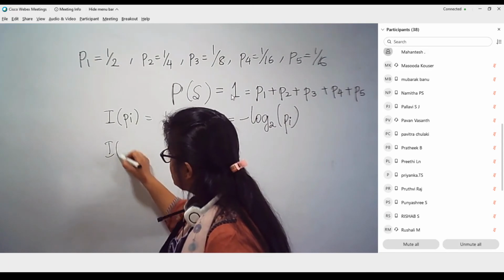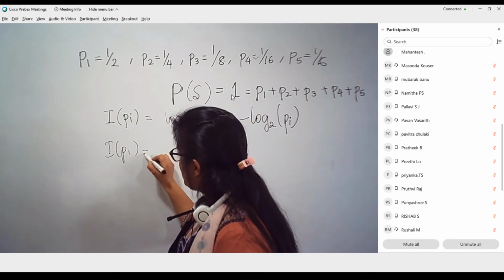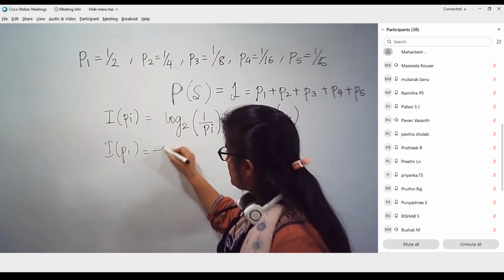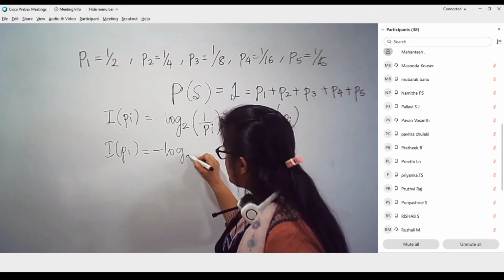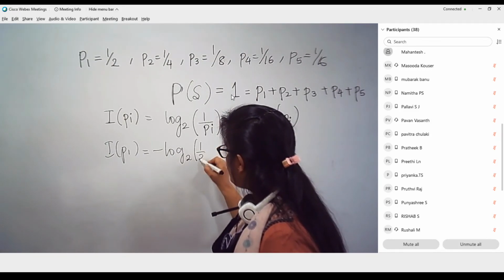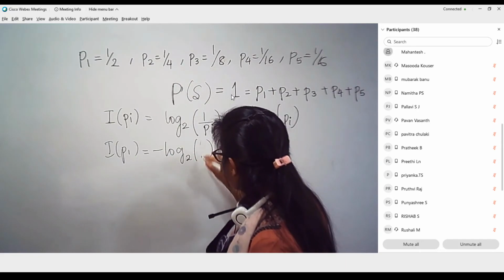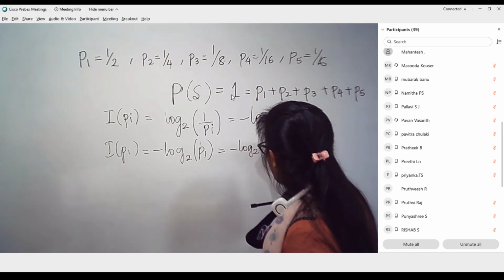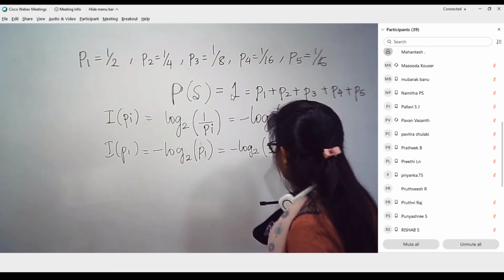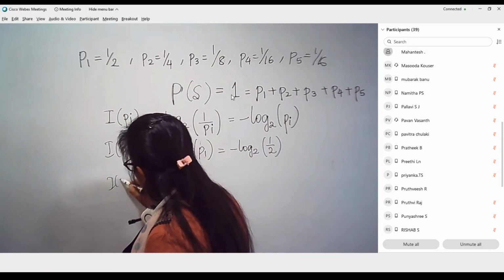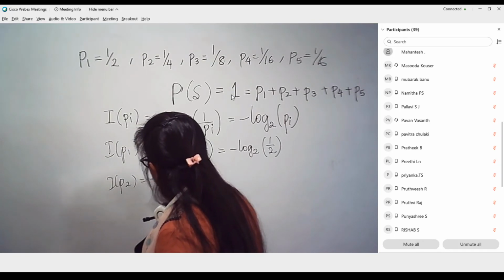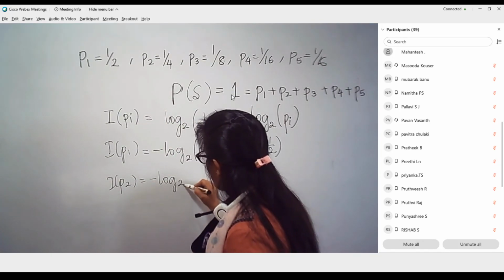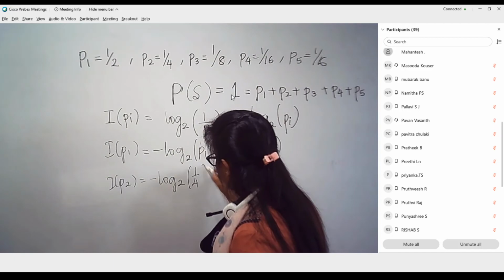So I will calculate the information with message 1, which is given by negative log to base 2 of half, that is P1, which is equal to minus log to base 2 of half. I of P2, I am going to write it directly over here, minus log to base 2 of 1 by 4.